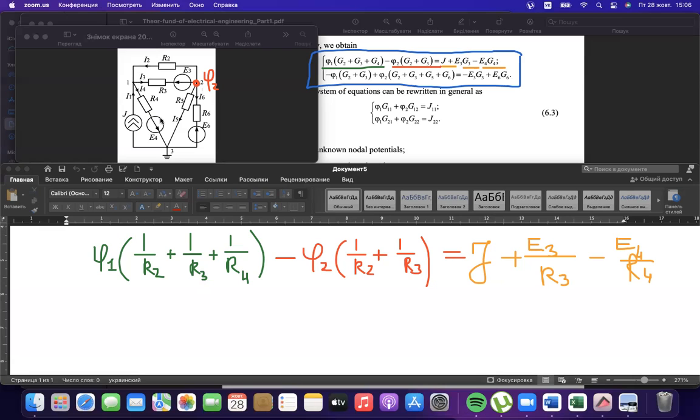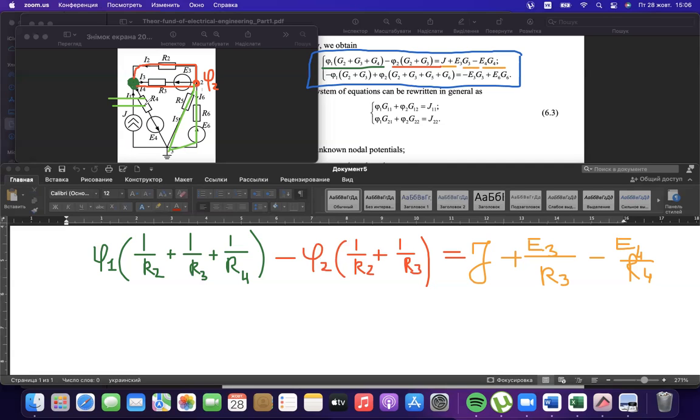Because the first equation, we are building only for the first potential. And we are taking only resistivities that are connected to the first potential. But R5 and R6 are not connected with the first potential. That is why they are not included.